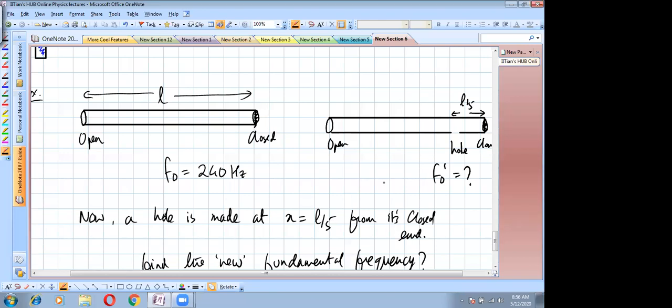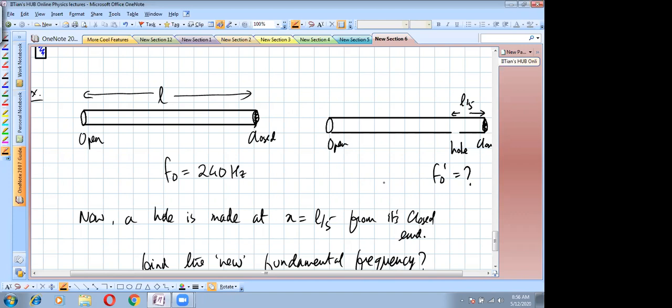So now, in the second situation where there is a hole present, forcefully that position of the hole is also a node, and obviously the open end is also a node, and the closed end is an antinode. So whatever fundamental frequency and overtones are present, they have to be with that constraint, that not only the open end is the node and the other end is the antinode, but in between that point where the hole is there, that also has to be a node.